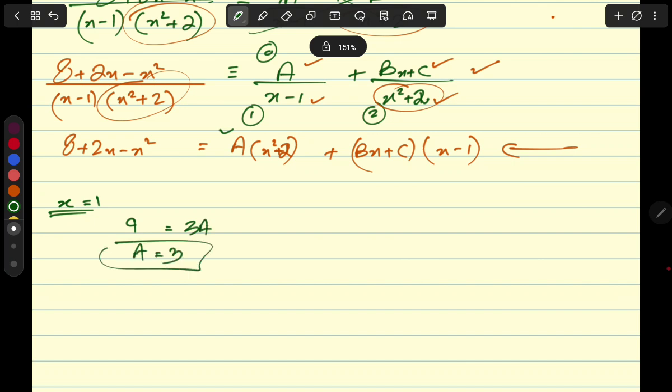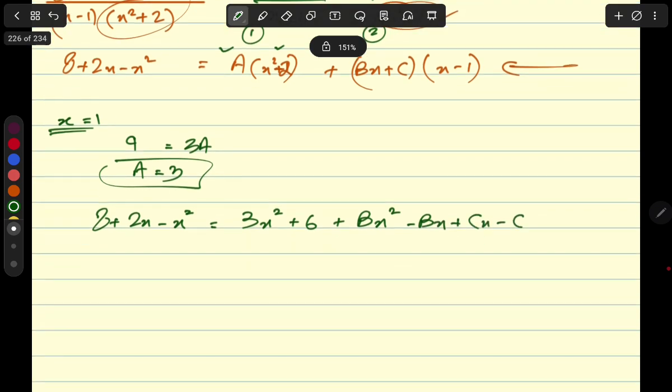Now I can use another substitution from here. So now this is going to become 8 plus 2x minus x squared is equal to, a is 3, so this becomes 3x squared plus 6 plus bx squared minus bx plus cx minus c.